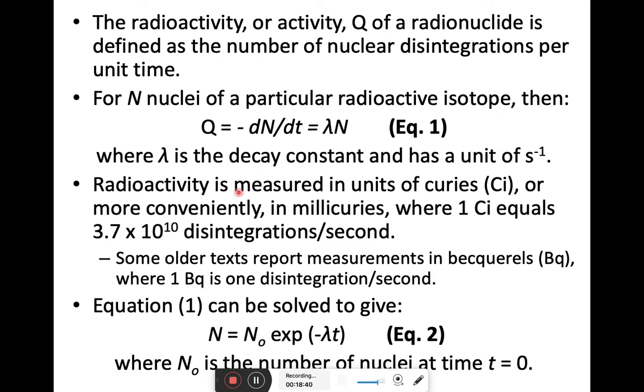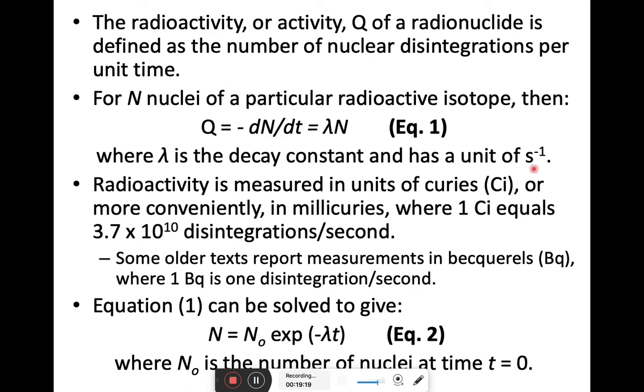Radioactivity is measured in the units of curies, Ci, or more conveniently in millicuries, where 1 Ci equals 3.7 times 10 to the power of 10 disintegrations per second. Some older texts use becquerels, Bq, where 1 Bq is equal to 1 disintegration per second.